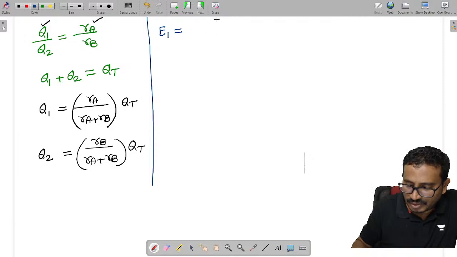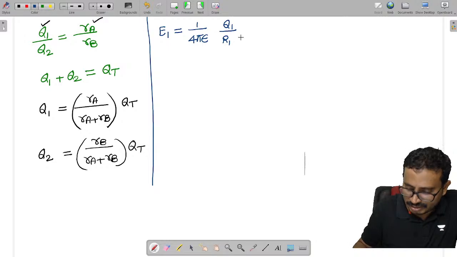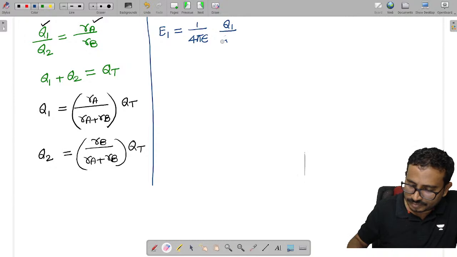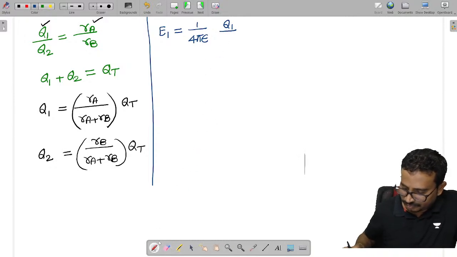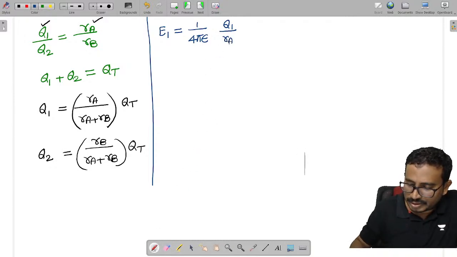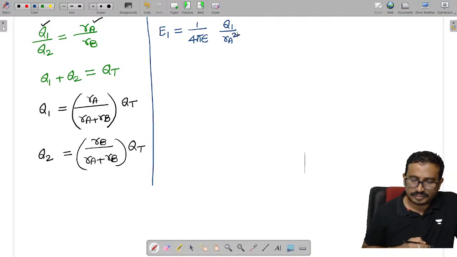E1 is given as 1 by 4 pi epsilon into Q1 by R1 squared, which is RA squared.